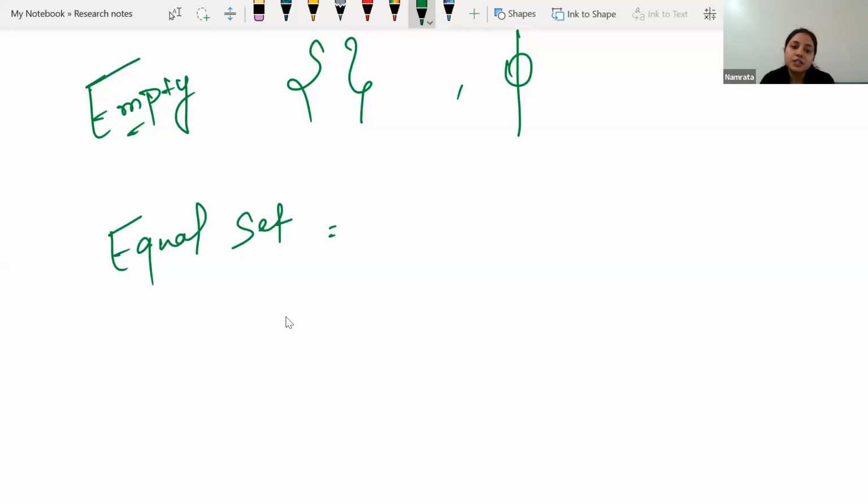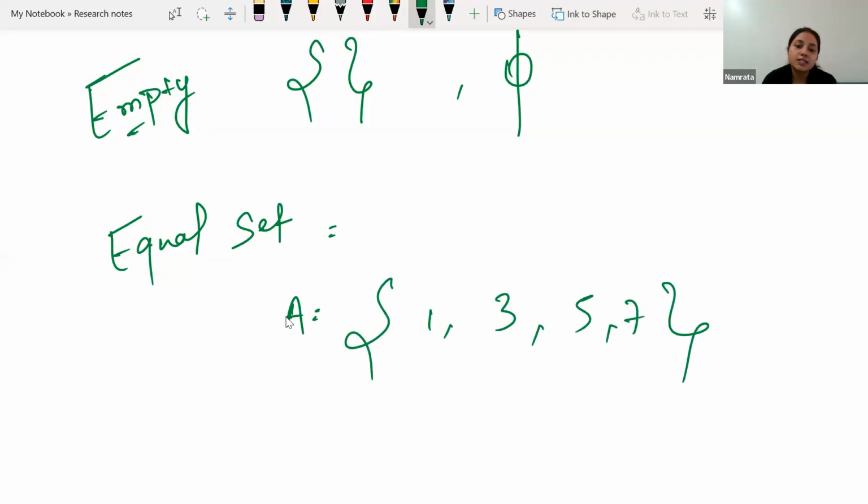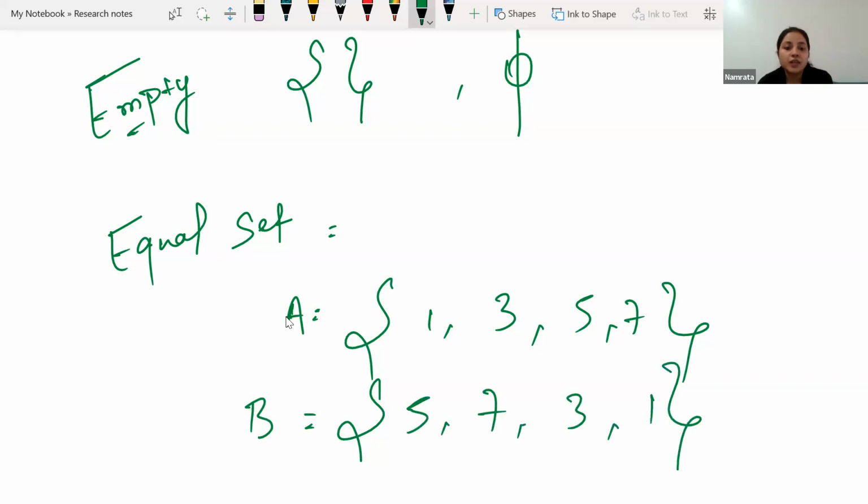Now the next set is the equal set. If we have a set A, the elements of set A are 1, 3, 5, 7. And let's say we have one more set, set B, and the elements of set B are 5, 7, 3, 1. So set A and set B are both equal sets. Here the arrangement of the elements doesn't matter.